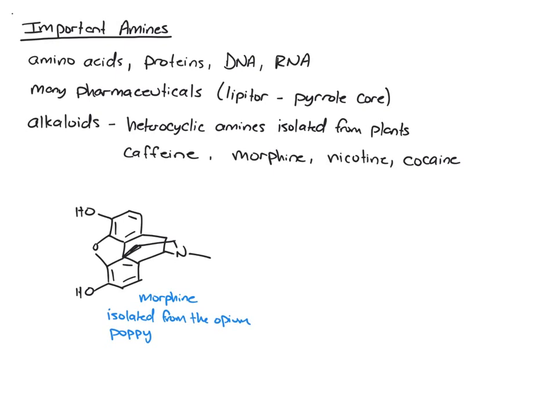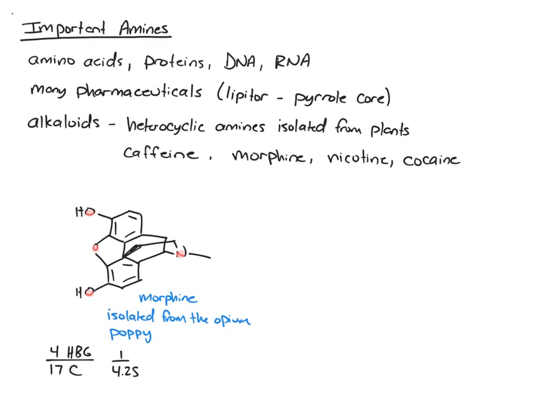Now, if we look at this, we have 1, 2, 3, 4 groups that can hydrogen bond with water, for 17 carbons in the molecule, which comes out to about 1 for every 4.25 carbons.